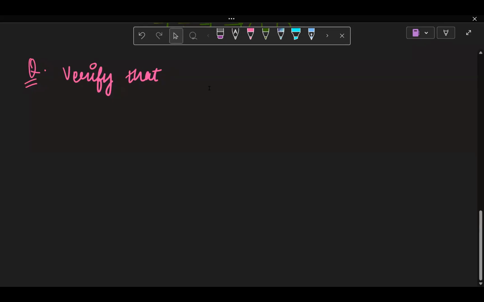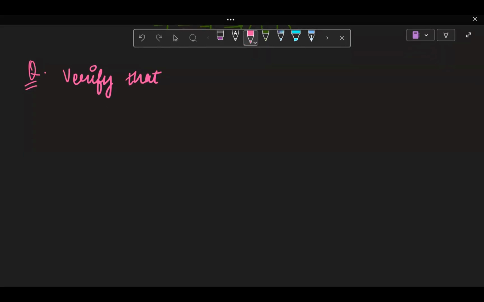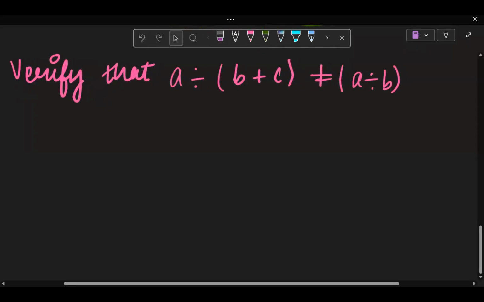You have to verify that A divided by (B plus C) is not equal to (A divided by B) plus (A divided by C).